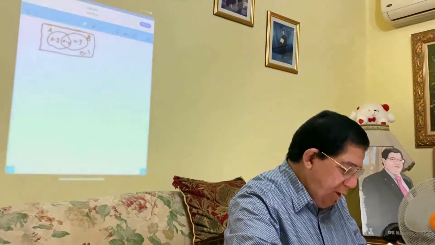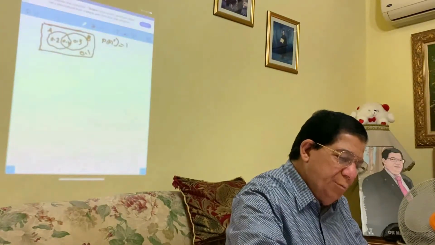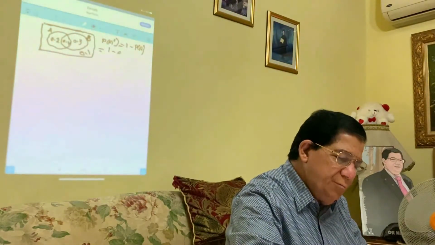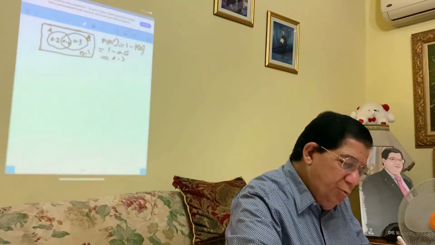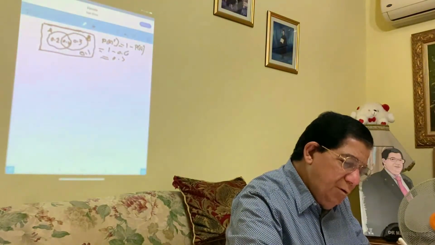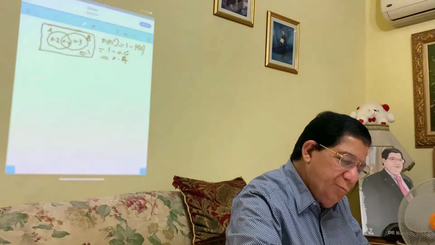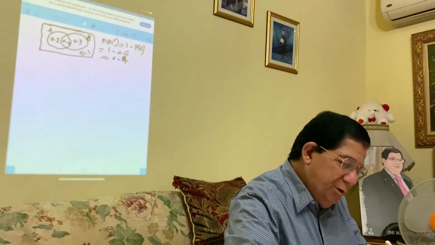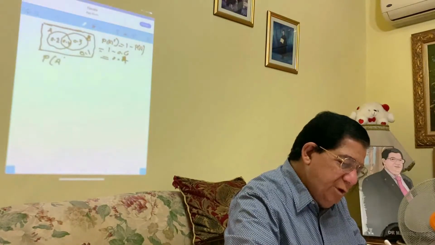Like a question saying, what is the probability of A complement? 1 minus the probability of A, 1 minus 0.6, equals 0.4. Check: 1 minus 0.6, the answer 0.4, is the same as 0.3 plus 0.1. Another question says, what is the probability of A complement intersection B?